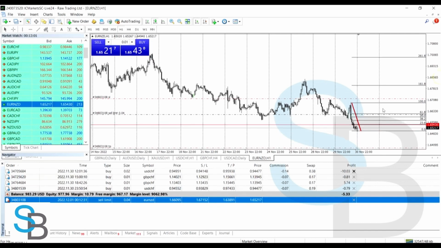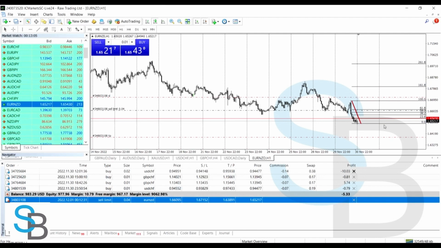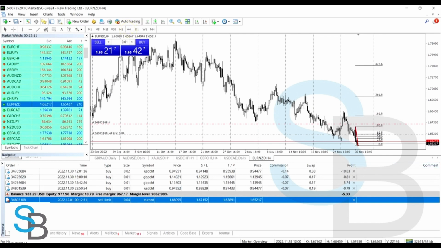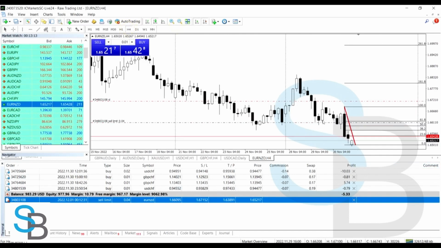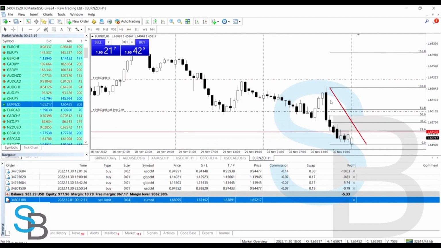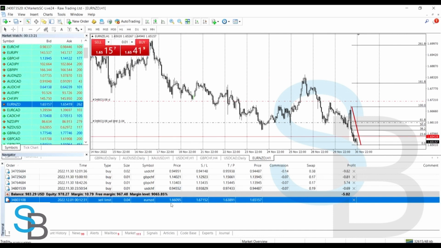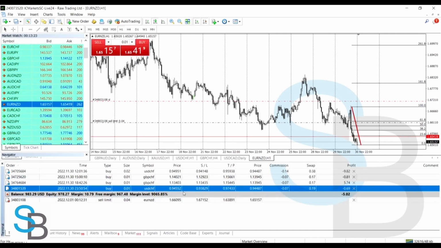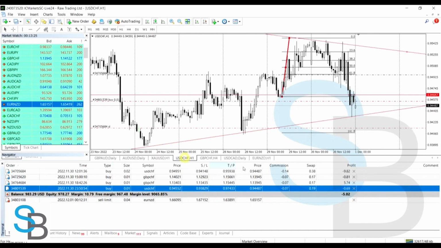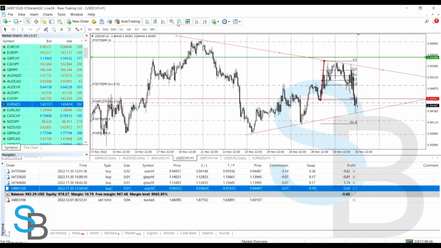Perfect. So I'm risking about $26 and I am targeting about $55. So we're just going to wait for the market to retrace to this level and we enter for a sell. Okay, perfect. Now as you can see, I actually entered USD CHF again for a buy.